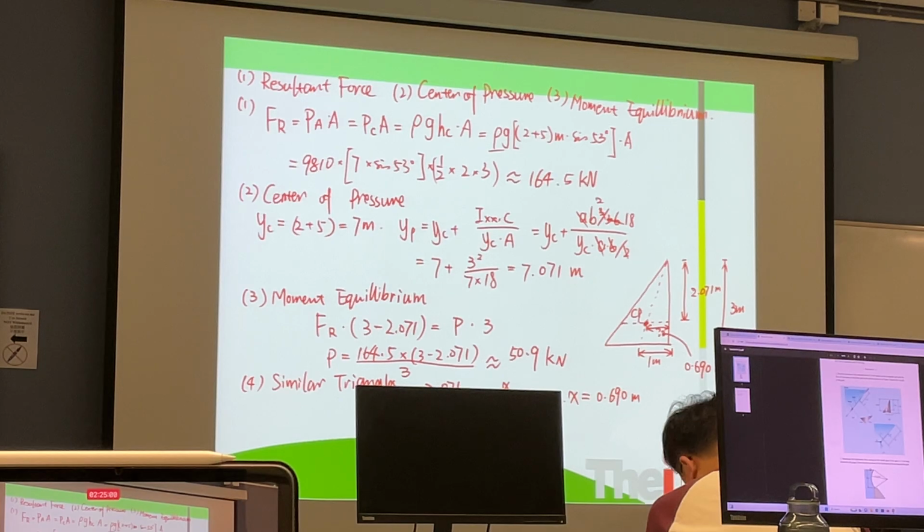The y location is 2.071 from the vertex, and the x is 0.690 from one of the edges. So this is the solution for problem 1.